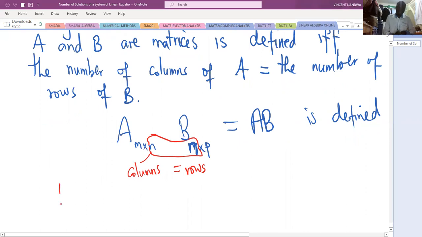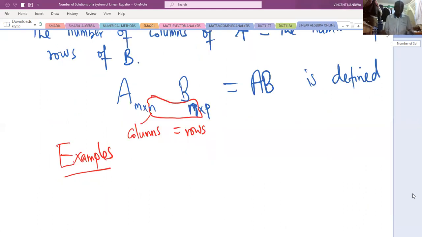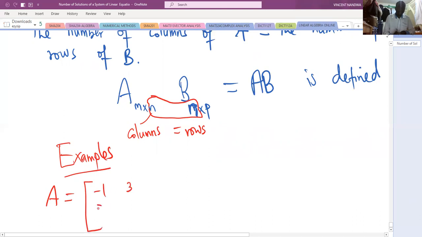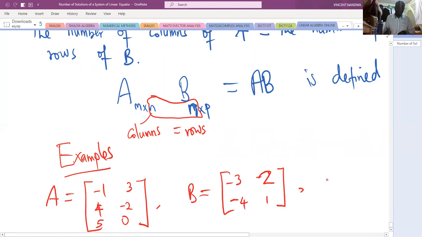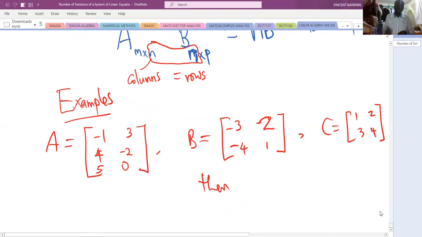So examples. If I have A given by -1, 3, 4, -2, 5, 0, B given by -3, 2, -4, 1, and C given by 1, 2, 3, 4, then I can have these operations.